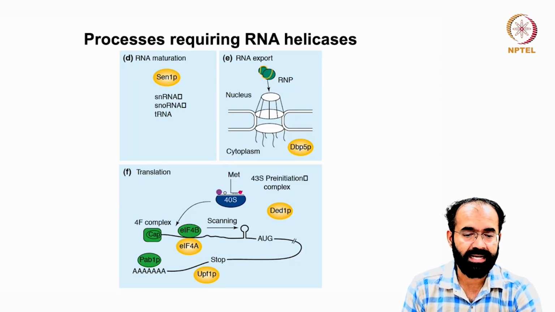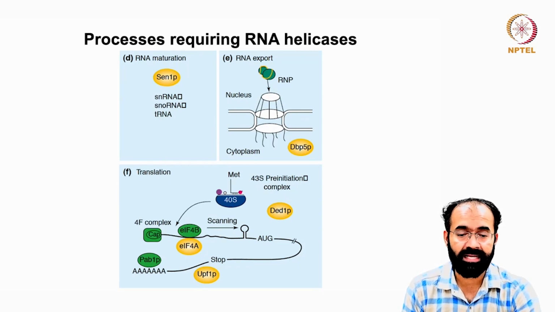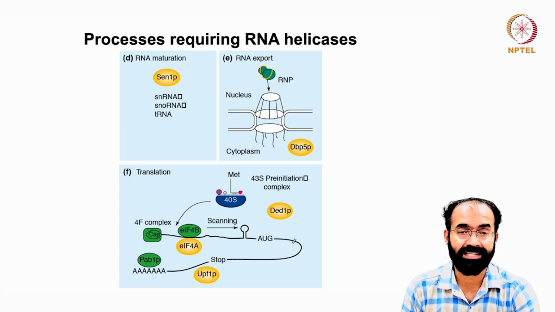So snRNA, snoRNA and tRNA maturation is governed by SN1P, and there is another step E, that is RNA export, that is governed by DBP5P, one of the important cytoplasmic RNA helicases that contribute to the movement of RNP across the nuclear pore complex. And then comes F, that is the translation.